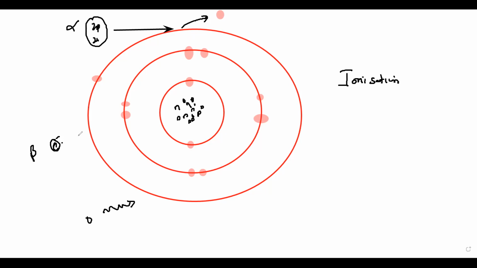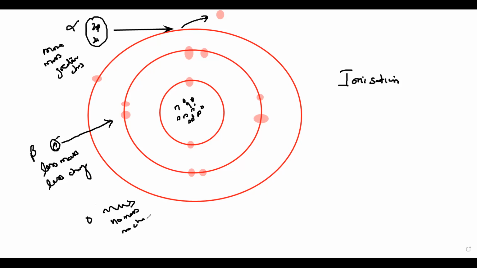But when we see beta, beta has less mass and smaller charge. Alpha has more mass and a greater charge. And gamma is actually energy, electromagnetic radiation, so it does not have any mass and it does not have any charge.